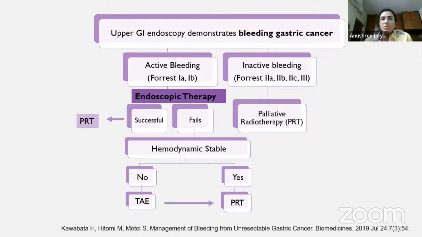If it is successful, then to consolidate the gains, we can go for palliative radiotherapy. However, if it fails, then for patients who are hemodynamically stable, we can go ahead with radiotherapy. But if the patient is not stable hemodynamically, we should go with embolization, since radiation does not have an immediate effect. And for patients who present with inactive bleeding, palliative radiotherapy is an option.